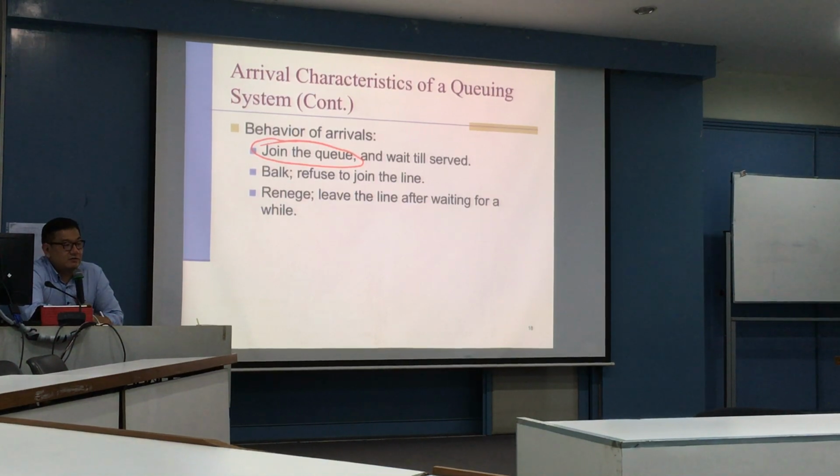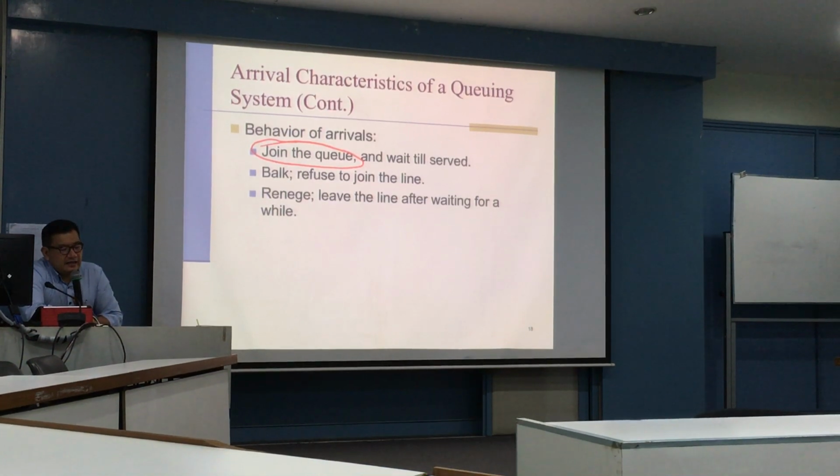Reneging means the customer first decides to join the queue, but while waiting in line still feels it's too long, so they decide to depart the system before getting the service. So balking and reneging, we are not using in our models.